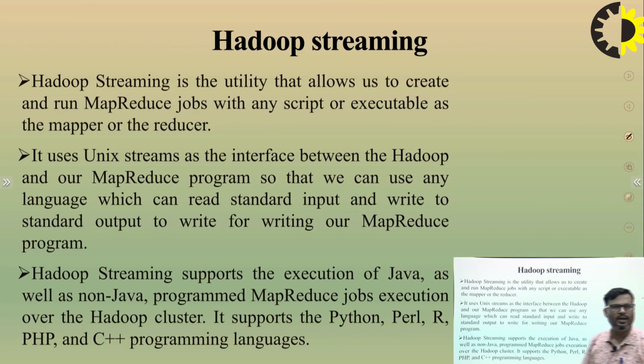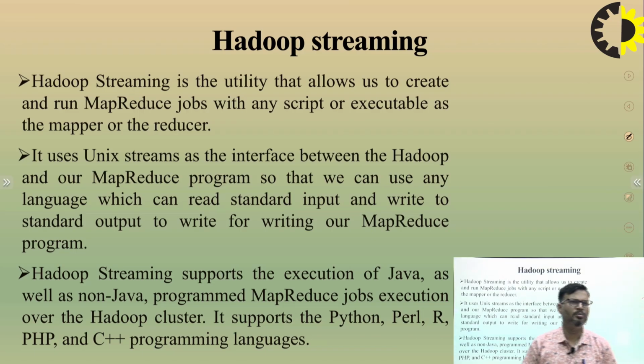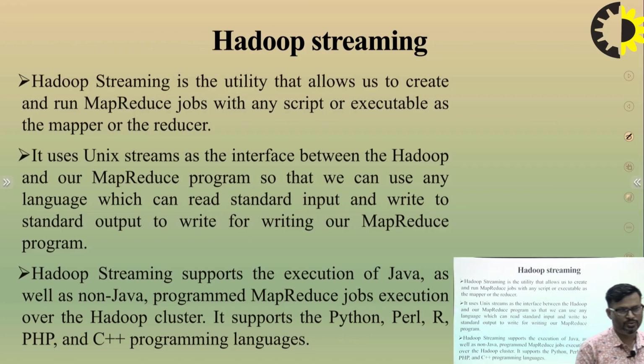So what is Hadoop streaming? Hadoop streaming is a utility that allows us to create and run MapReduce jobs with any script or executable as the mapper or the reducer. It uses Unix streams as the interface between Hadoop and our MapReduce program, so that we can use any language which can read standard input and write to standard output for writing our MapReduce program.